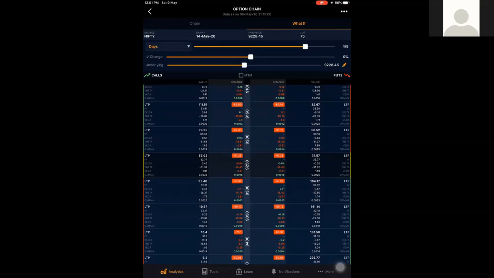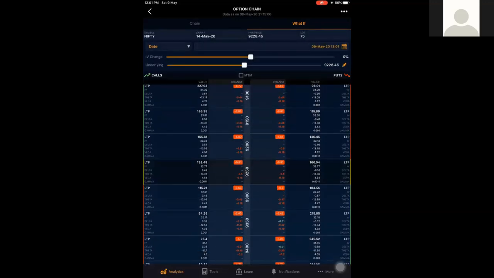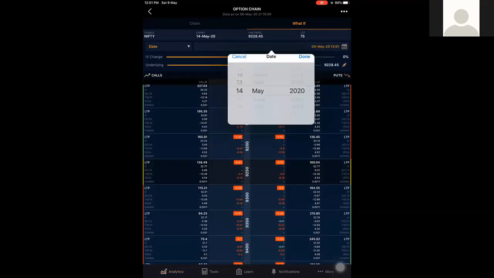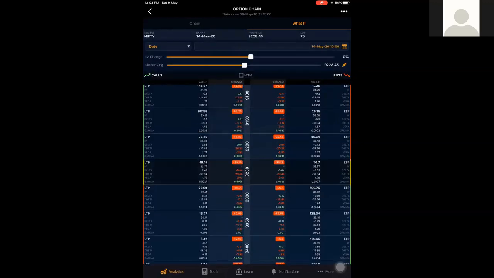Now let's see just in one day how this straddle will be moving based on your underlying. Say we do the date change. We make it 14th May. First we'll do it from 10 a.m. The 9250 call and put would be 70 plus 49, which is 119.